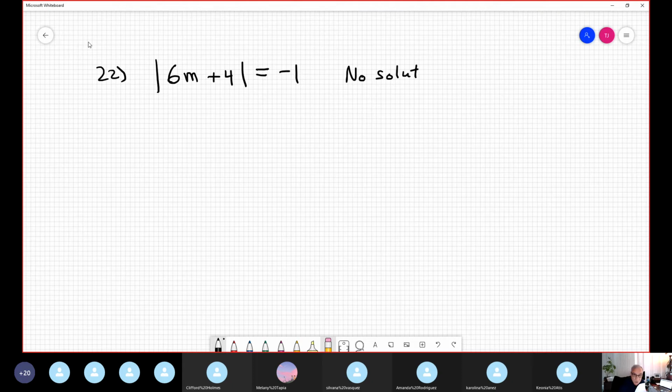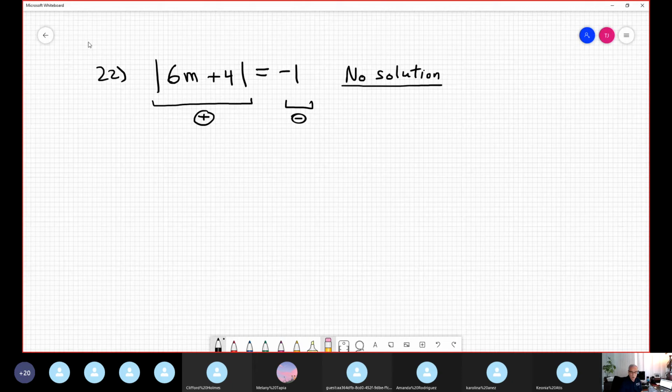Why? How do you recognize this? Because any absolute value is going to be a positive number. Absolute value always is a positive number. So this gives me a positive number, and this is a negative number. This is a complete contradiction. No solution. No number satisfies this silly equation.